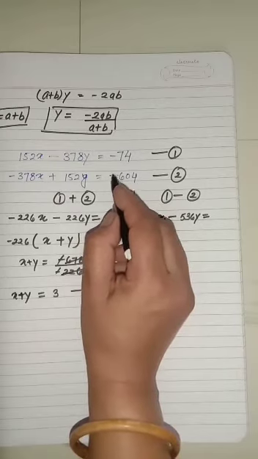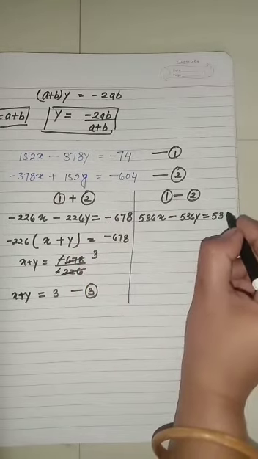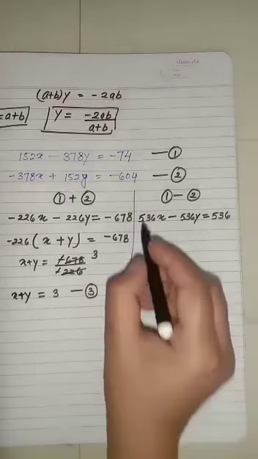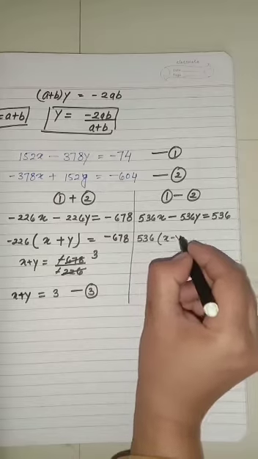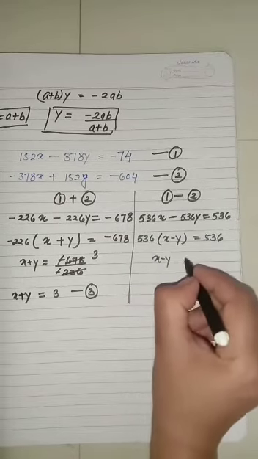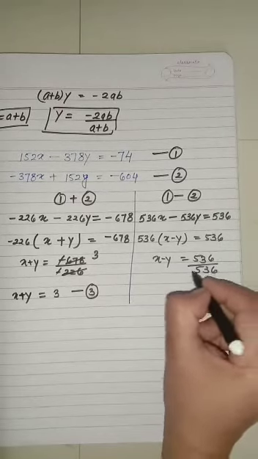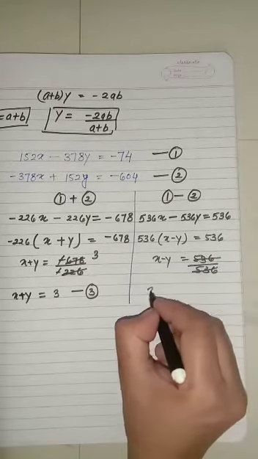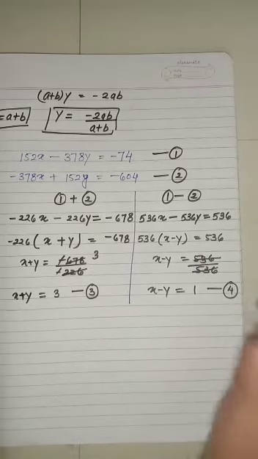Again the minus will convert into positive, and when you subtract we will get 530. As you can see, we will take 530 common: 530 times (x minus y) equal 530, so x minus y equal 530 upon 530. Obviously this will cancel, and we will get x minus y equal 1. This one is your equation number 4.